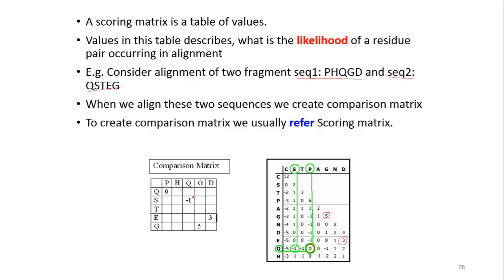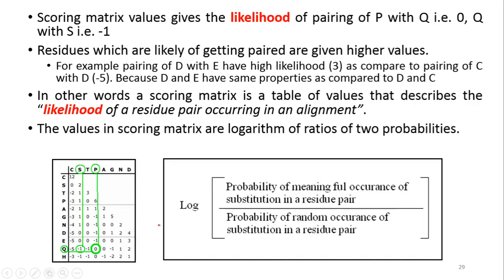populate the comparison matrix. And what do the values in this scoring matrix refer to? The values in this scoring matrix refer to the likelihood of any residue pair occurring in your alignment. Let us go into more detail.